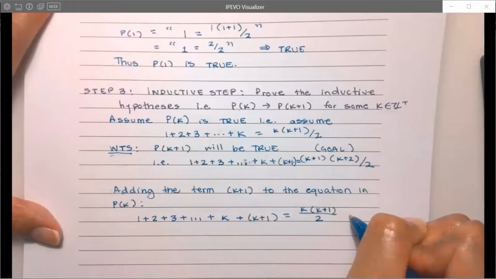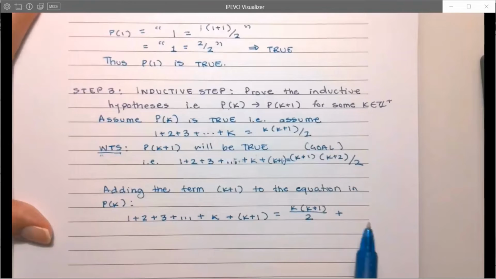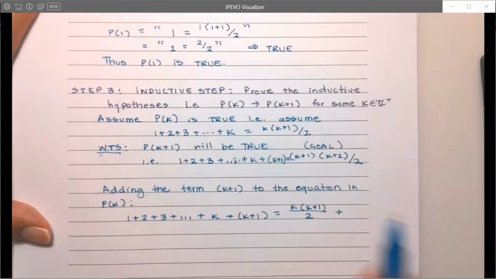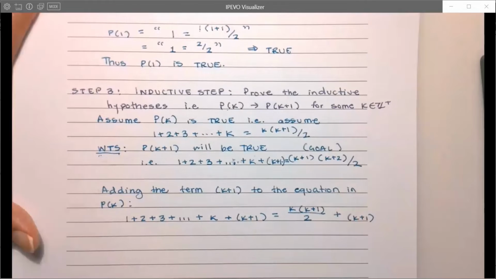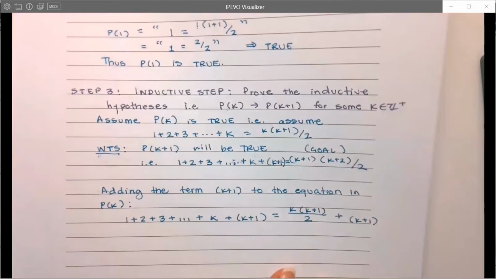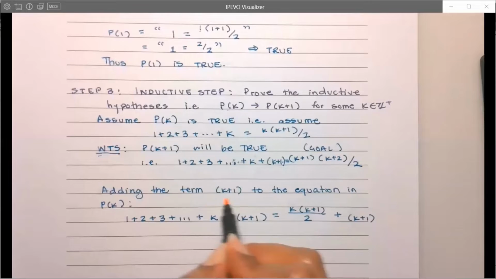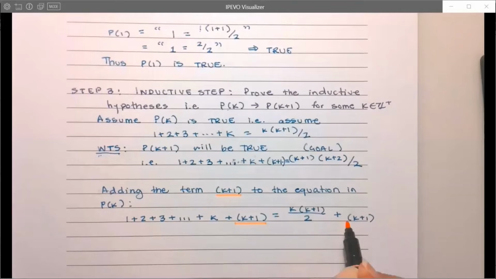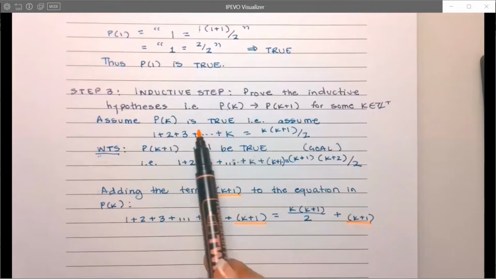And I also, remember from algebra, whatever I do to one side of the equation, I have to do to the other as well. I can't just add terms or subtract terms without doing anything to the opposite side, because then the equality no longer holds. Okay, so here what I did was add this term here and here to this expression in the assumption.